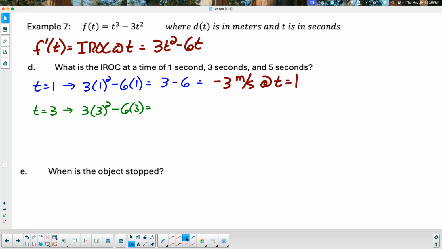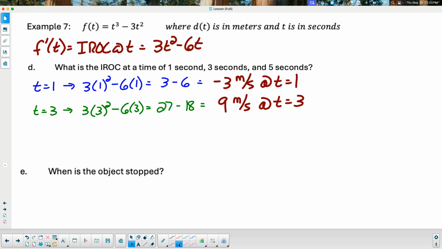Three squared is 9, times 3 is 27, 6 times 3 is 18, 27 minus 18 is 9 meters per second. At t equals 3. What does that mean? Moving which way? I'm moving forward.